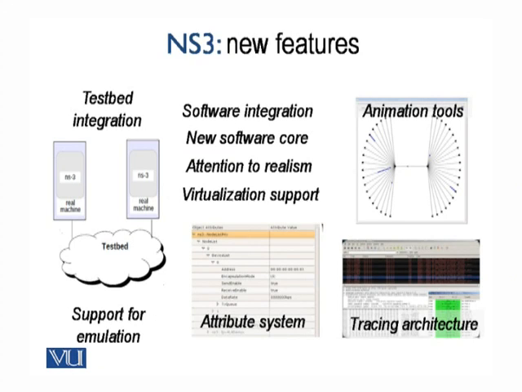And then there is increased focus on software integration, and we are going to create a new software core that has many new features focused on scalability. The attention on realism is very focused, and because of that we have the focus on both emulation and testbed, and we also have support for virtualization. There are some other important features as well.